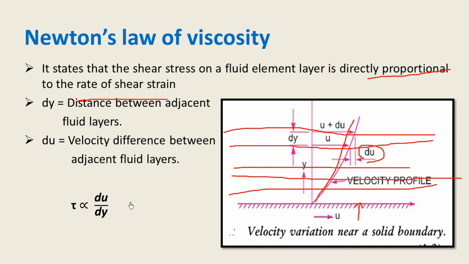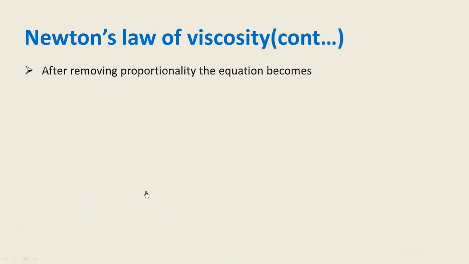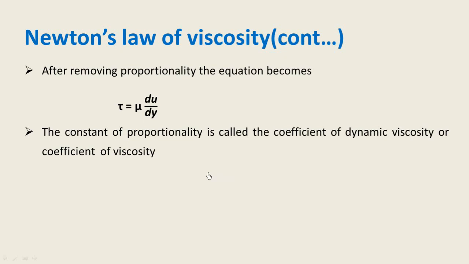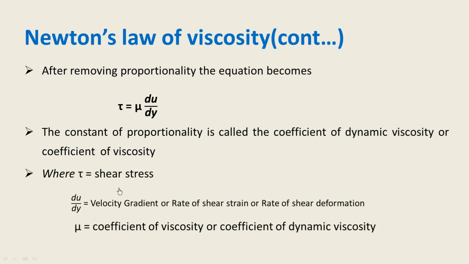These two combined we call the shear strain. Then after removing the proportionality, we get a constant value, that is mu. It is called the constant of proportionality, the coefficient of dynamic viscosity or coefficient of viscosity. Here tau is the shear stress, du by dy we call the velocity gradient, or sometimes the rate of shear strain or rate of shear deformation, and mu is the coefficient of viscosity or coefficient of dynamic viscosity.